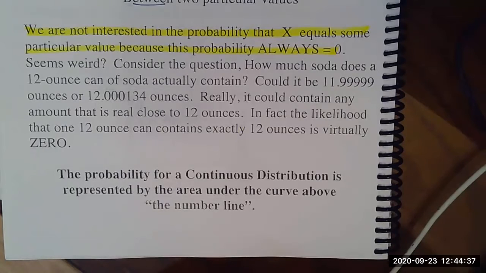A rectangle's area is length times width. Now a curve, you'd have to use calculus to find the exact area under the curve, and you aren't calculus students. So we assume that the area under the curve is 100%. Area under the curve is called probability.